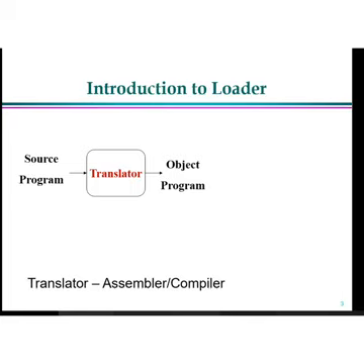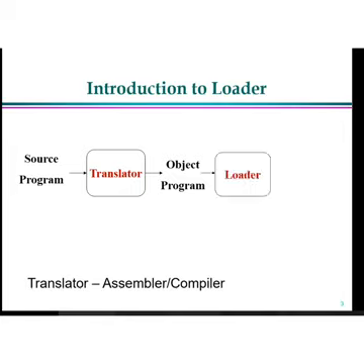That object code is available on the hard disk, and if you wish to execute it, you have to load it in the main memory, from hard disk to main memory, where actual execution will happen. So who will do that job? Whenever you are giving a command to execute that code, who will load that program in the main memory for execution?